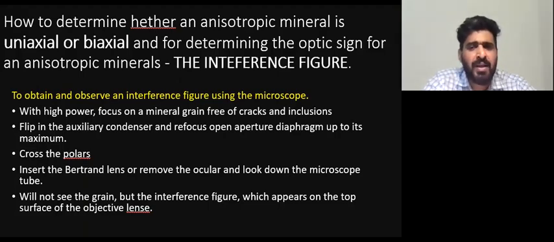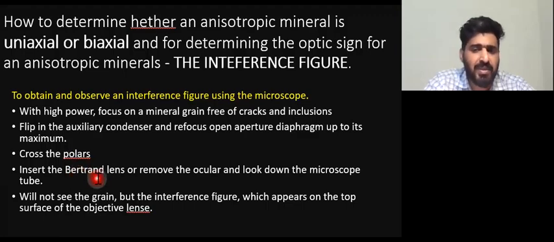But to obtain and observe an interference figure using a microscope, we need to do some arrangement. You have to use a high power objective, focus on a mineral grain free of cracks and inclusions, and flip the auxiliary condenser into the light path. I have told how the condenser is put in the light path. Then insert the analyzer, so that it is under the crossed nicols.